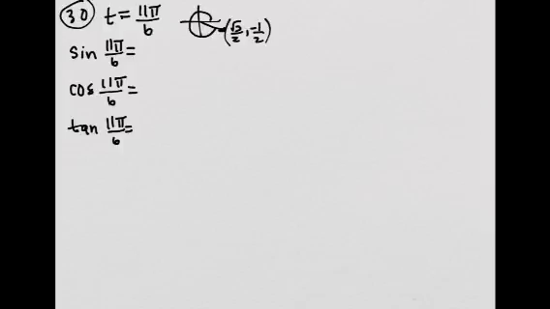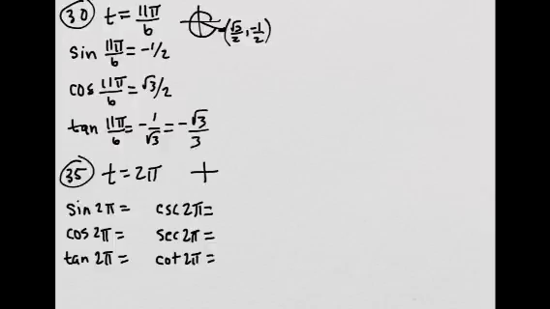And so now the sine, remember, is the y coordinate, so sine of 11 pi over 6 is negative 1/2. The cosine of 11 pi over 6 is radical 3 over 2. And the tangent is this number over this number. So that gives you negative 1 over radical 3 because the 2's cancel. You rationalize and you get negative radical 3 over 3.